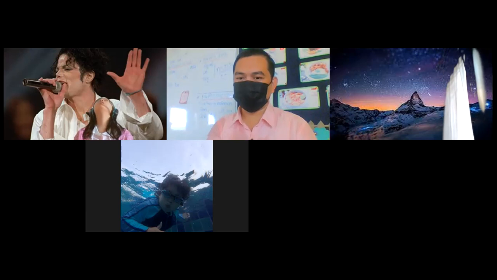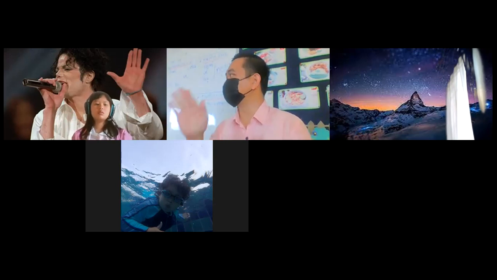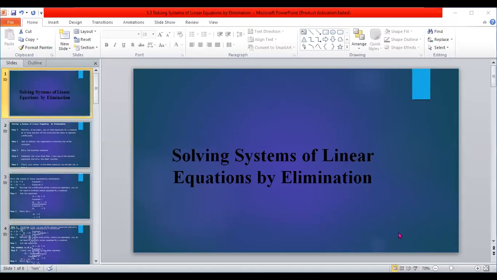For example, we eliminate y, then we can solve for x. Now, if we have the value of x, we can use that to get the value of y. So that is elimination. Eliminate one and solve one. And then when you get the answer, substitute it into the equation, and then you have the values of the two variables.